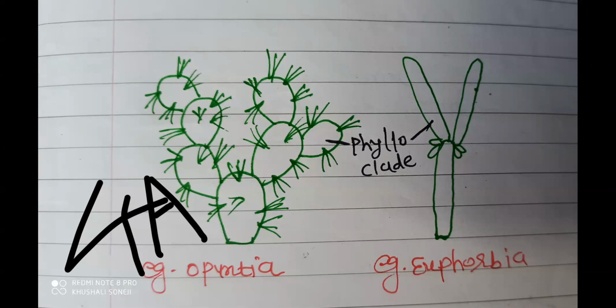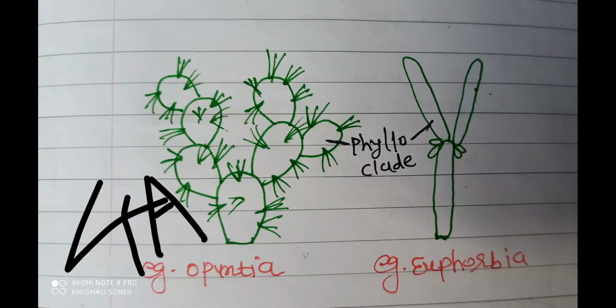Cactus plant's name, Shreya, is phylloclade. Remember, clade meaning what? Stem. Phyllo meaning leaf like. Is it clear? Yes ma'am. Okay, don't mix up thorn with this. Yes ma'am, I know, only the spines one. Okay.